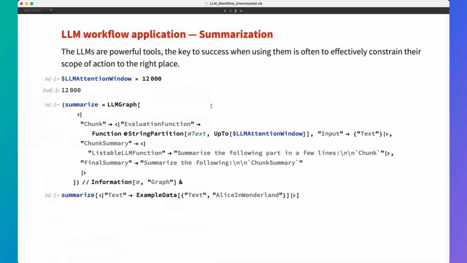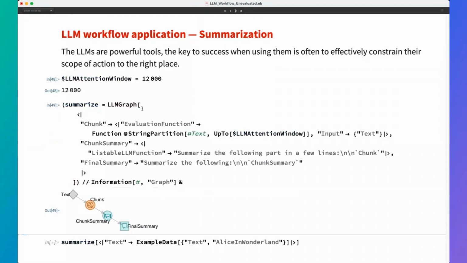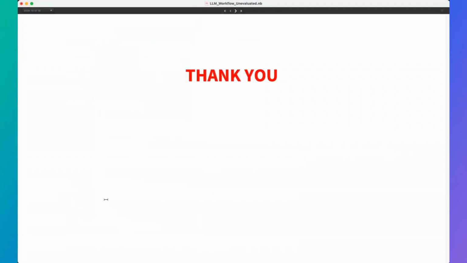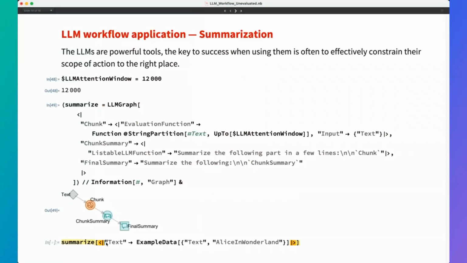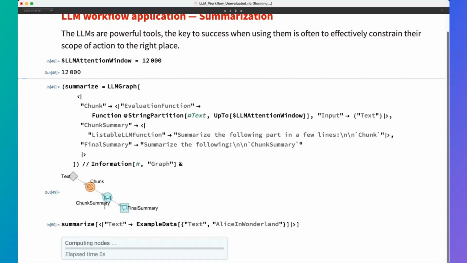That's it. Just to convince you that it's powerful, here's a use case where 3 lines summarize the Alice in Wonderland text, which is first chunking it to split the text into something that can be accommodated by a small LLM, something you host locally, for instance. And then this chunk summary is summarizing every chunk.